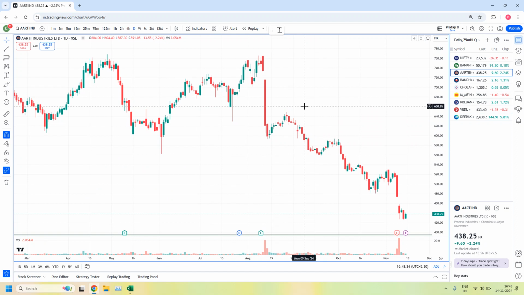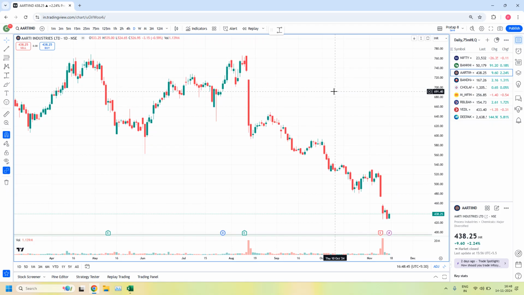Demerger means the company is divided; Aarti Industries is divided into two companies. Aarti Industries, and they separated Aarti Pharma, something like that. I don't know, I think it is Aarti Pharma. It is split into, or Aarti Drug, something.